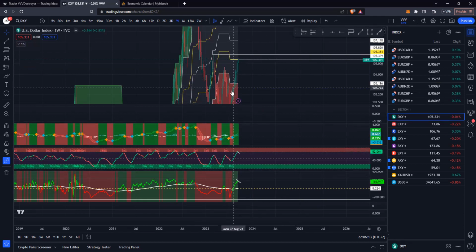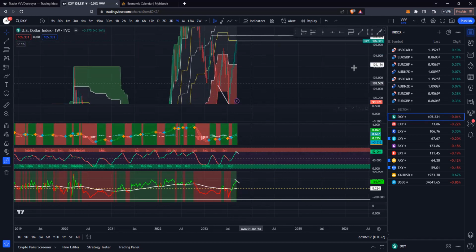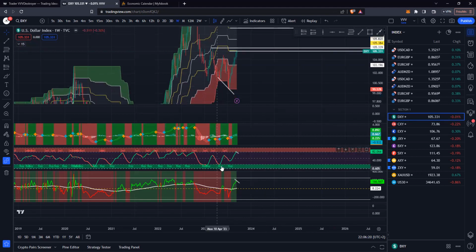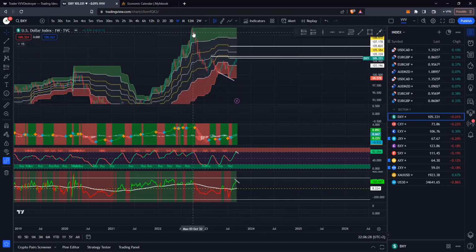Okay, it went up beautifully as expected after the divergence was formed on the weekly, but there is a huge gap between the two. So like what we saw in the previous move here to the downside, see there is a big gap between the two.